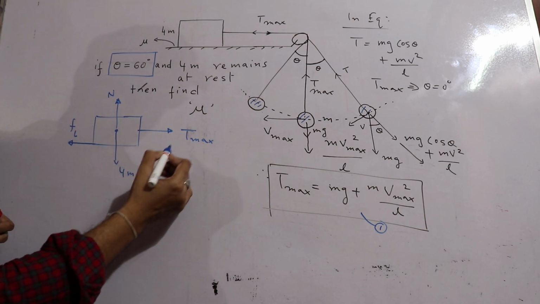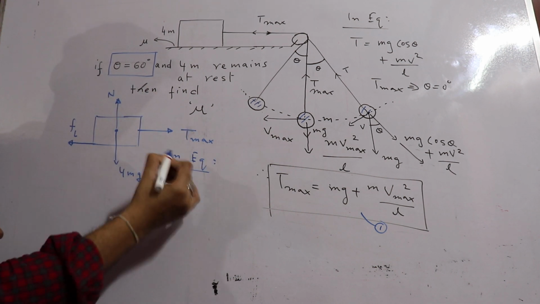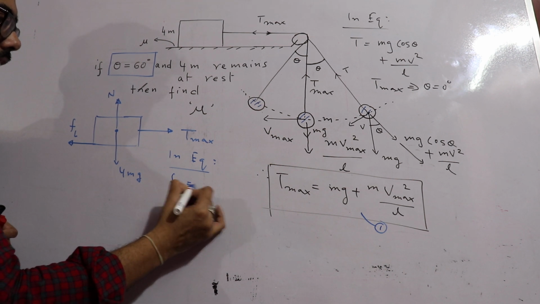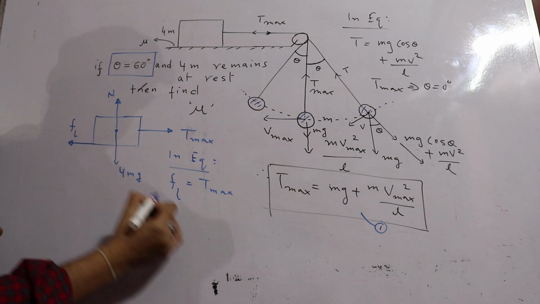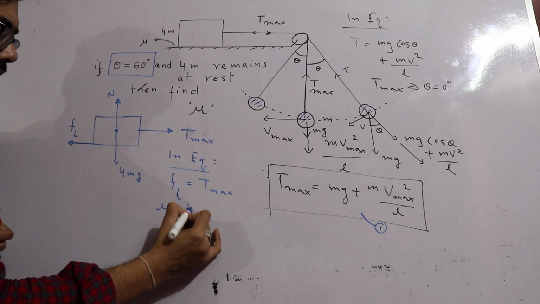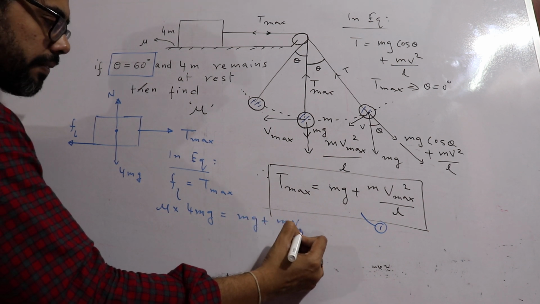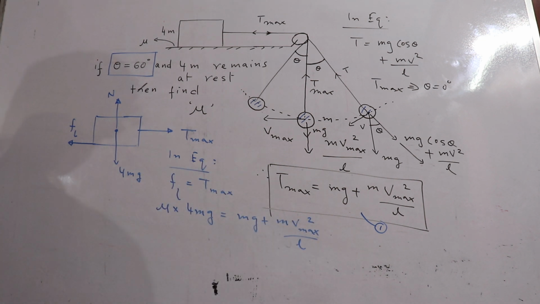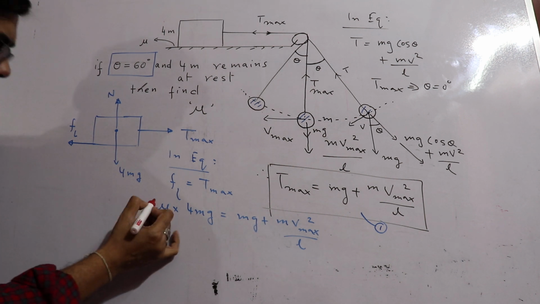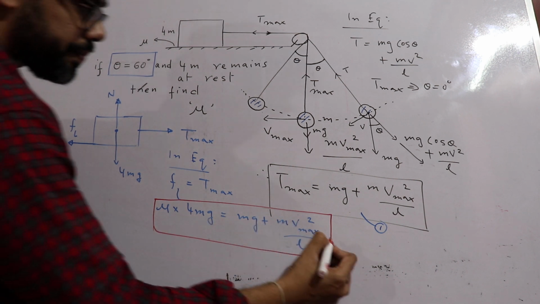So for the 4m block in equilibrium, F limiting equals T max. F limiting is mu times 4mg, equal to mg plus m Vmax square by L. So this is the idea, and from here we got another equation. This is our equation 2.